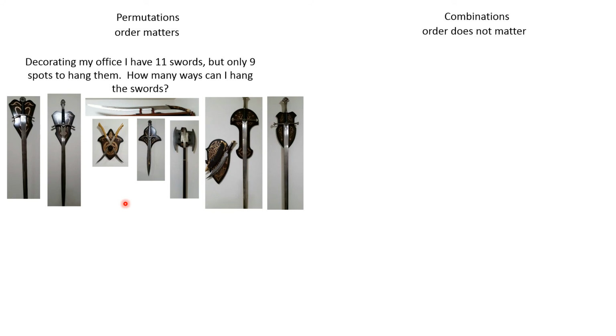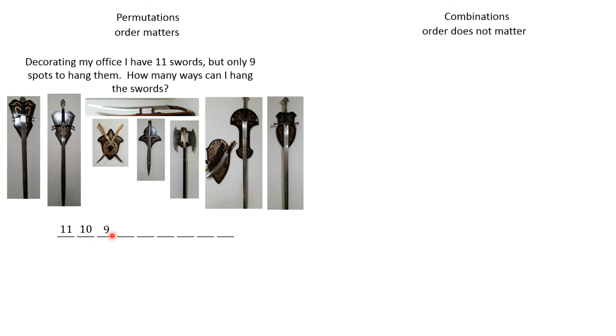All right, so anyway, we're going to do this problem. I have 9 spots. How many ways could I pick one for the first spot? I have 11 to choose from, so 11. And then for the second spot, there's only 10 left to choose from because I can't hang the same sword in 2 different places. That violates the laws of space and time.